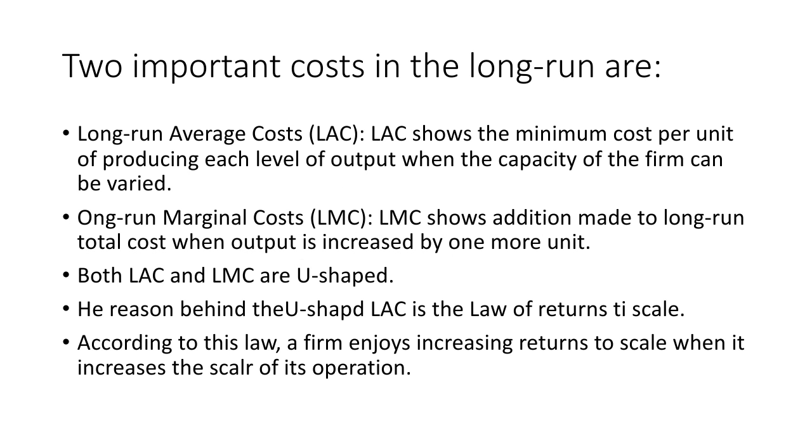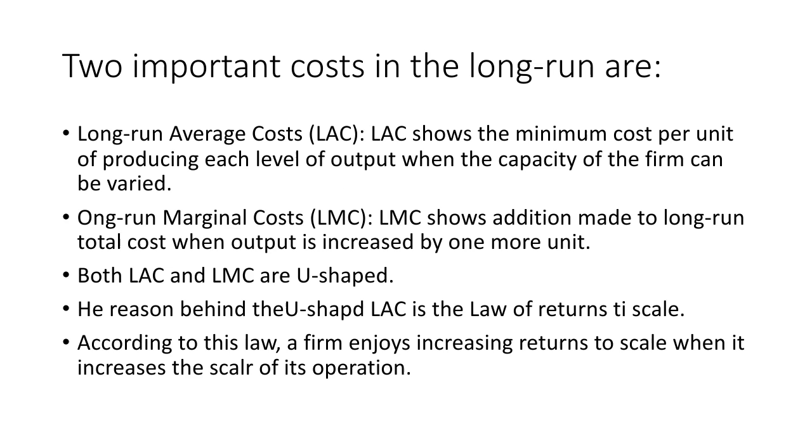So there are two important costs in the long run, which are long run average cost and long run marginal cost. So what is long run average cost? Long run average cost shows the minimum cost per unit of producing each level of output when the capacity of the firm can be varied.